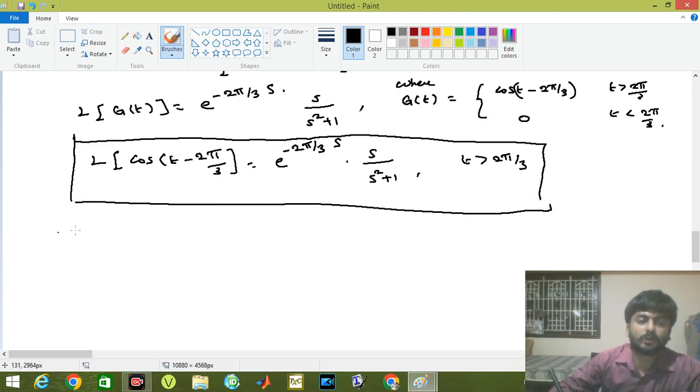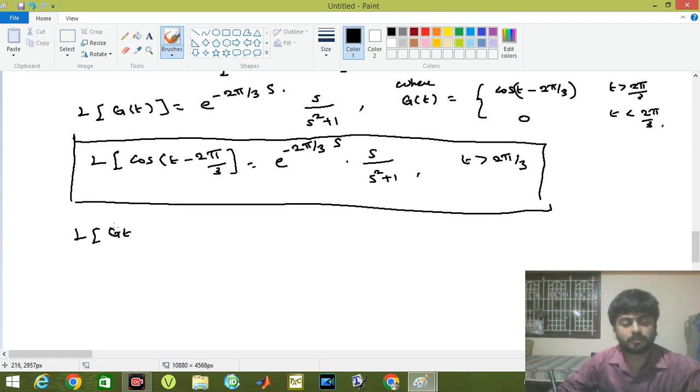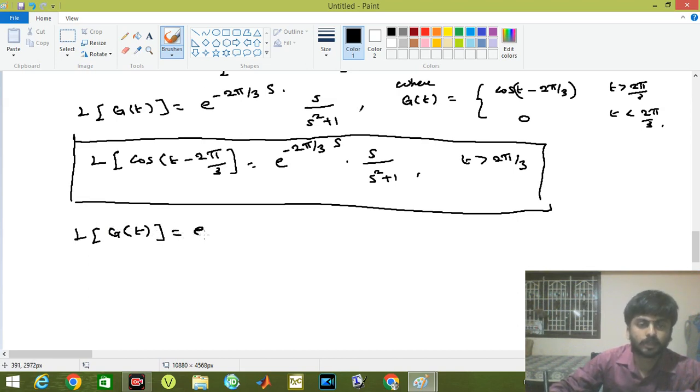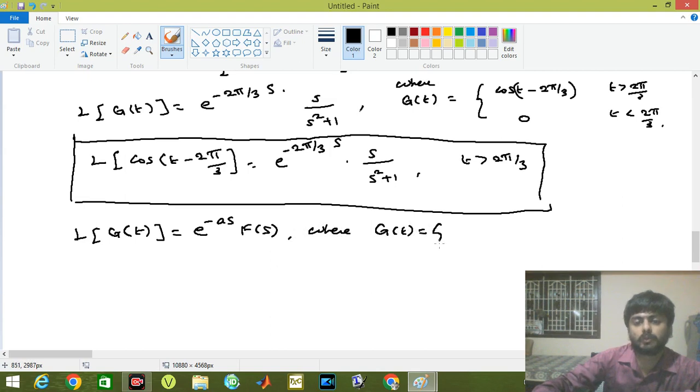See, we know that L of g of t equal to e power of minus as into f of s, where g of t equal to f of t minus a for t greater than a and 0 for t less than a.